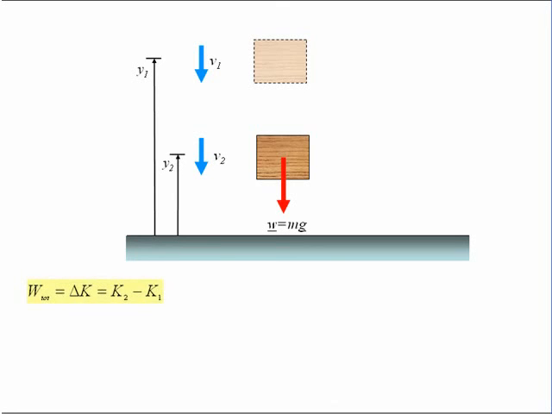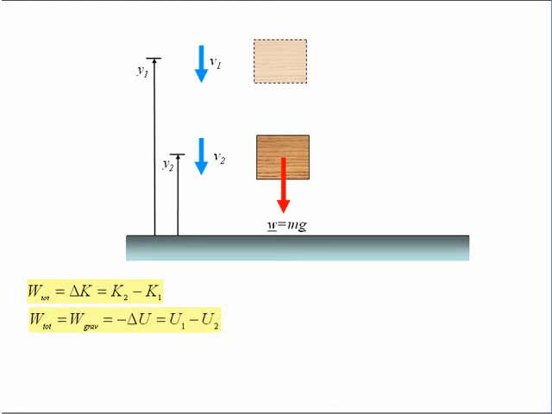In other words, the total work done, W total, is equal to the change in the kinetic energy, K2 minus K1. If gravity is the only force acting, then the total work done is equal to the work done by gravity, which is equal to minus delta U, which equals U1 minus U2.